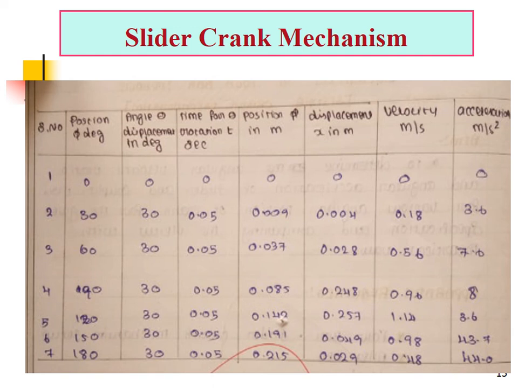The position is 0.009, the displacement, the difference between the values, is 0.004, the velocity is 0.18 meter per second, and the acceleration is 3.6 meter per second square.